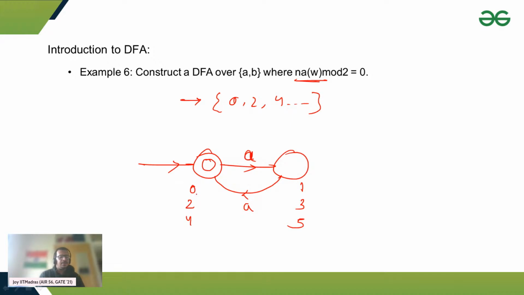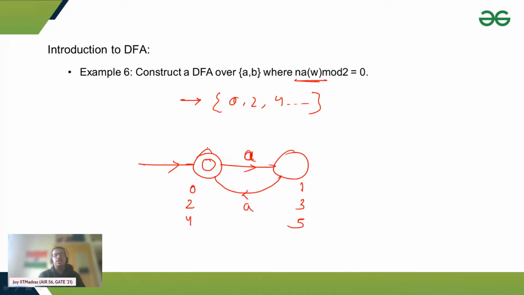So here you can see that in the first state it is accepting all the strings where the count of A is even, right?